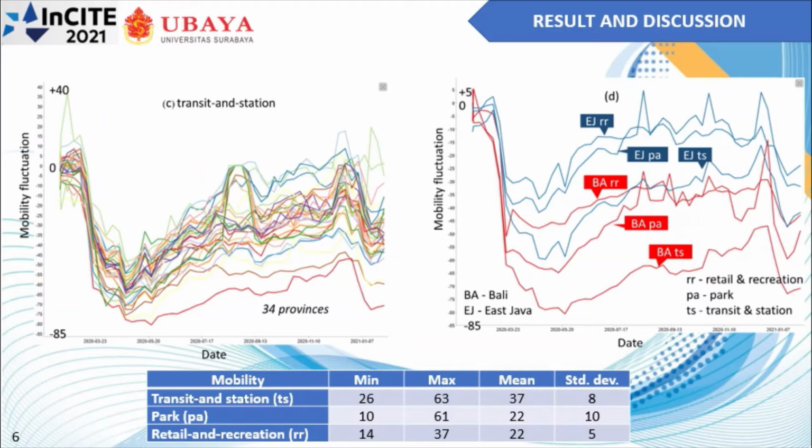From all 3 figures, we can see that the fluctuation change happened during March last year.